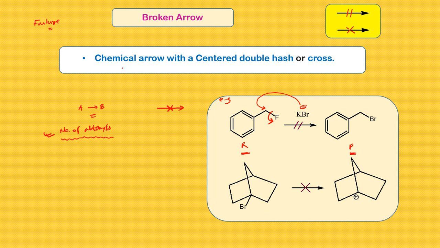So this is shown with the chemical arrow with the centered double hash, which I can represent like this. It shows that the reaction is not working even though we apply a number of attempts and the reaction conditions. So this is called a broken arrow, and it represents the failure of a chemical reaction.